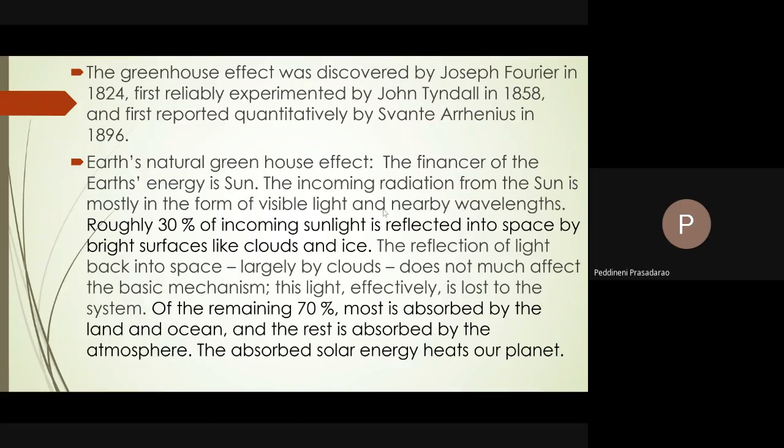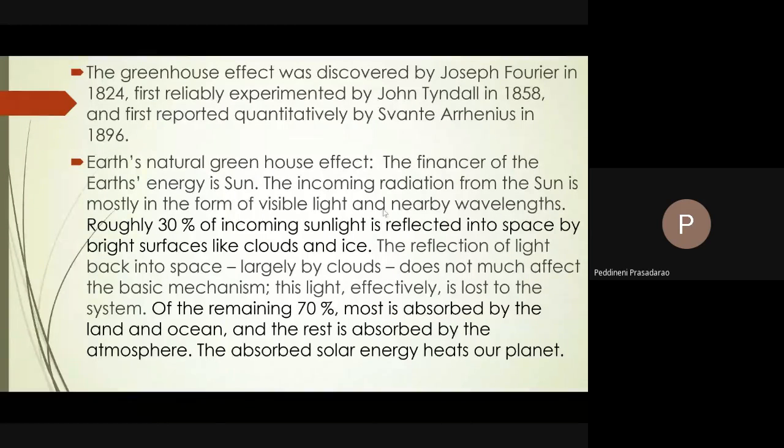One is clouds, which reflect some of the incoming radiation. The other is ice, which also reflects. So roughly 30% of the incoming radiation is reflected back to space.